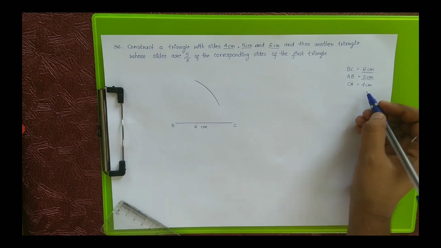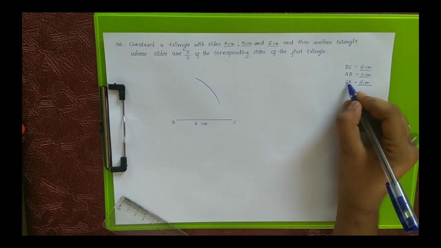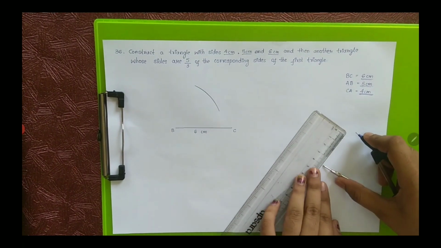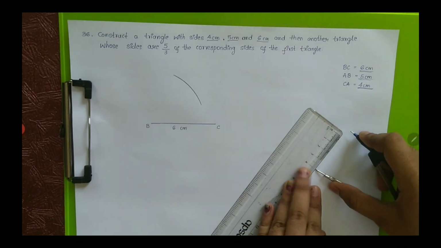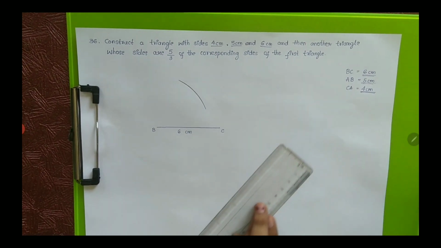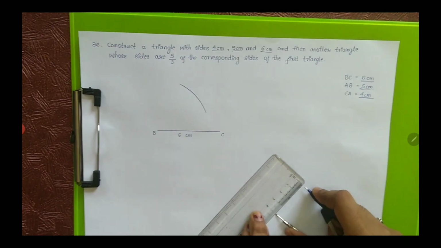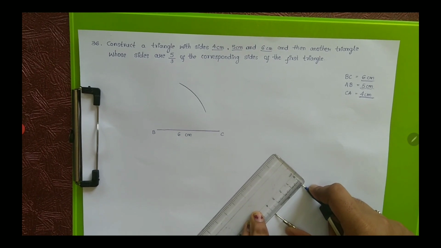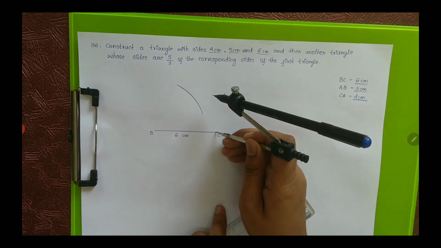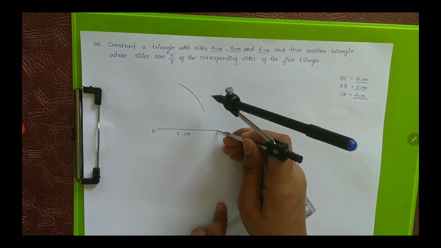Again we have to go to the side CA of 4 cm, measure 4 cm. With C as a center, cut the previous arc.